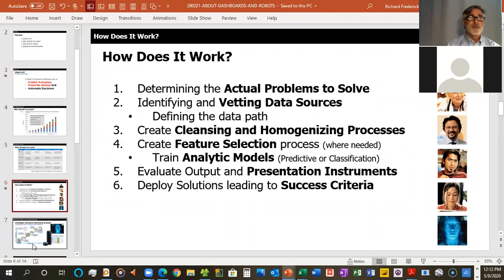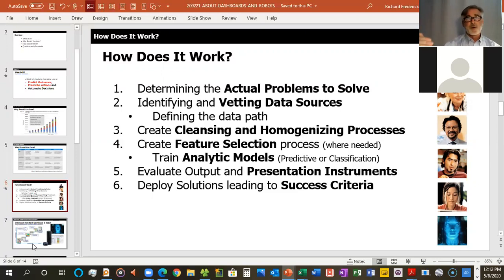And that's really what I'm trying to expose to you today: your team of the future is changing, and we need to adapt and accommodate the fact that it's all changing. As we move down this process, at the top we're identifying the problems, then identifying our data sources and cleaning our data.